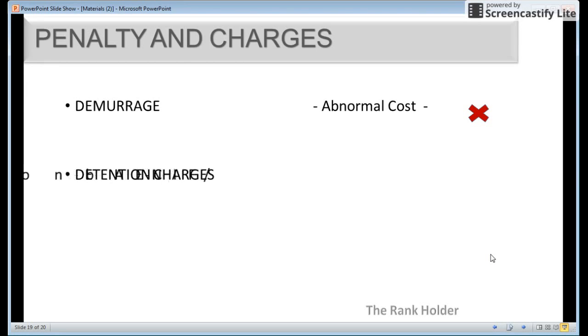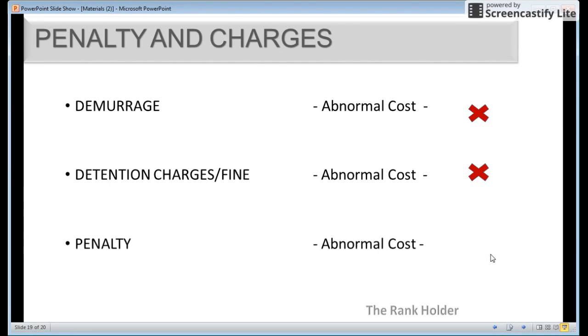Next comes detention charges. These are fines imposed for non-compliance of rule or law. This is imposed by any statutory authority. It is abnormal and hence should not be included in the purchase price. Next comes penalty. Any type of penalty is not a normal occurrence and hence should not be added to the purchase price.